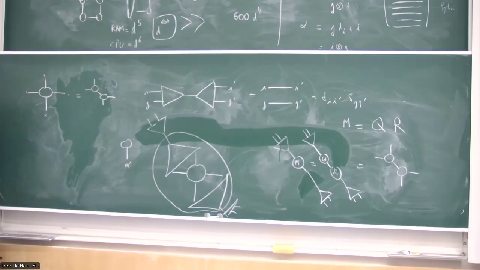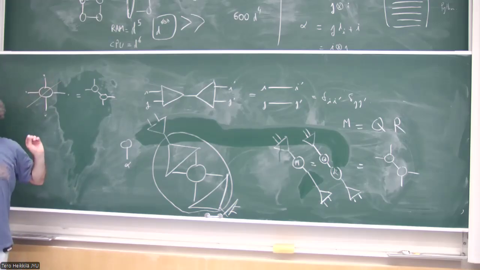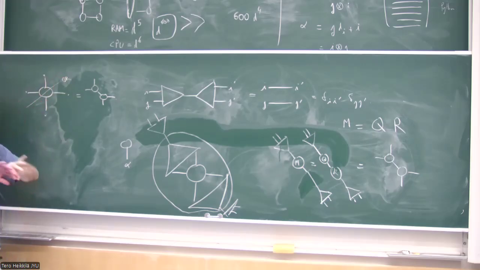Okay? And I did it like that. So you will see in the notes, typically I cut like this. I write, for instance, QR means group, factorize, ungroup. Flatten, factorize, and unflatten. But I could also have done it in the other direction.